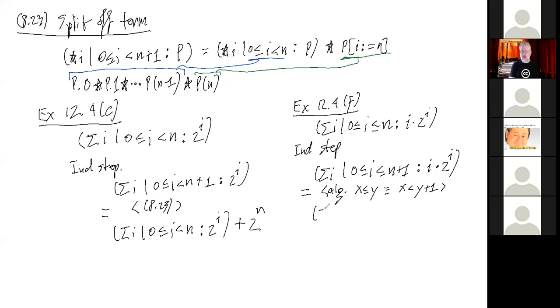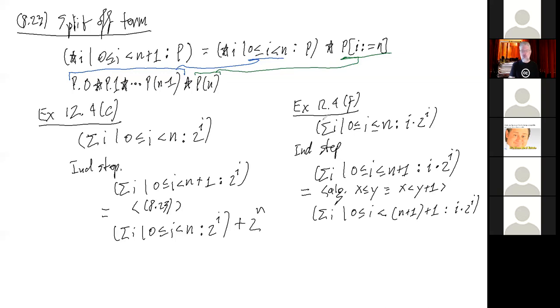So I could rewrite this as the sum over I, 0 at most I, less than n plus 1 plus 1. So if it's less than or equal to n plus 1, it's less than n plus 2. And I've written it this way both because that matches this little rule, but also this then lets me match the less than something plus 1 up here, where the something now is this n plus 1.